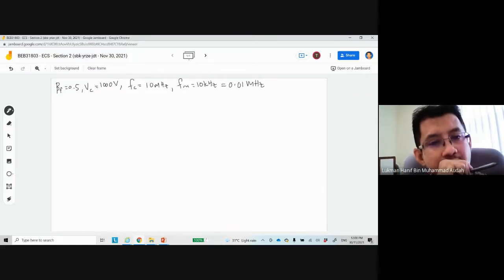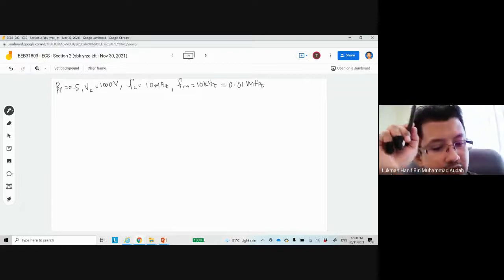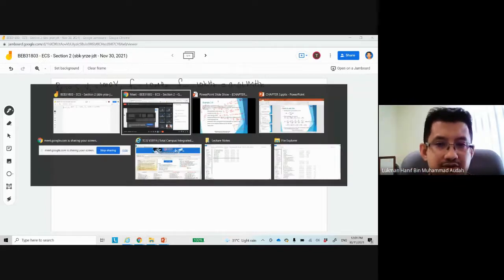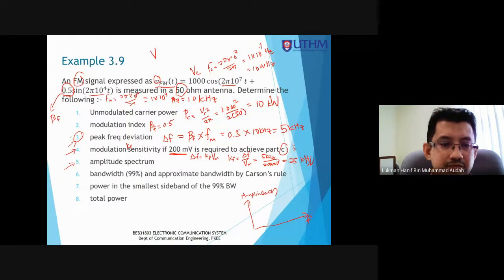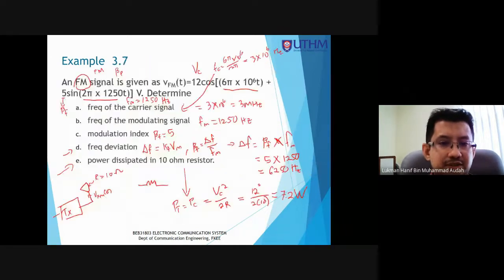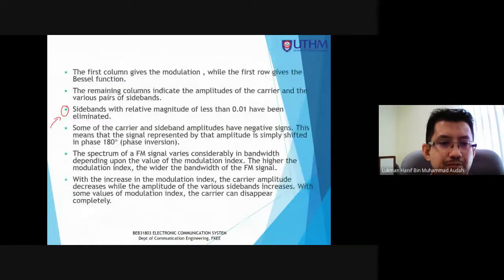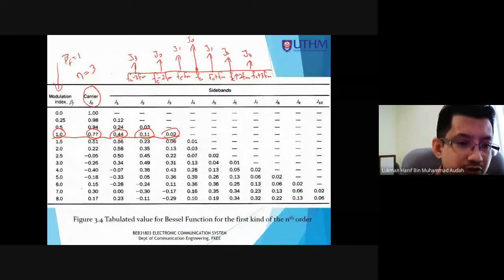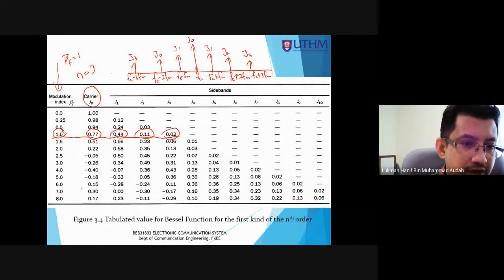Okay. So now the issue is, if you want to determine the amplitude, that means we need to refer to the Bessel table. Okay, kita kembali kepada Bessel table sekejap. So from Bessel table, if beta is equal to 0.5, 0.5 di mana?